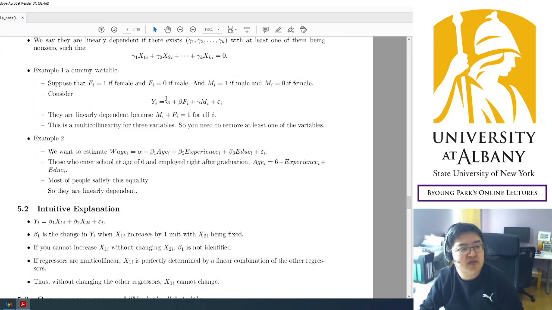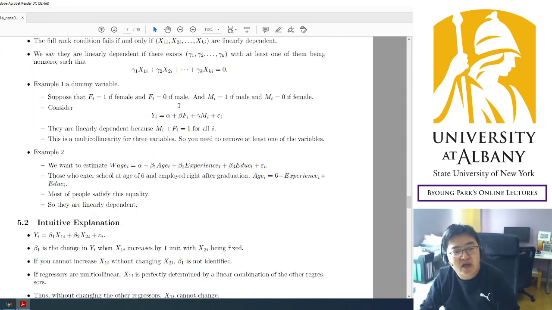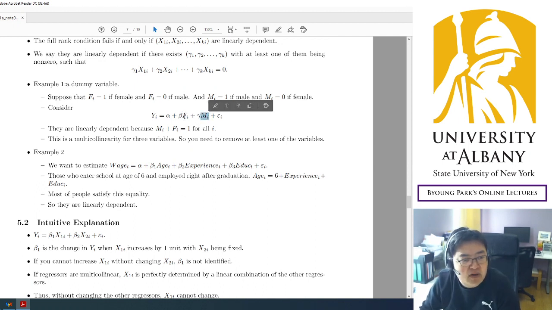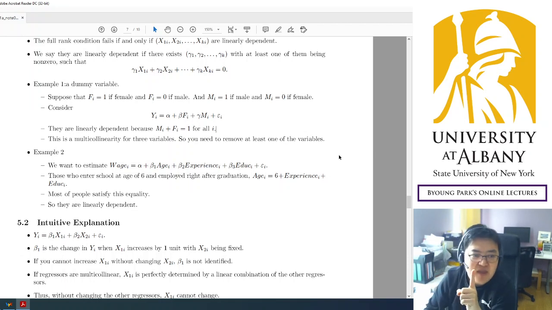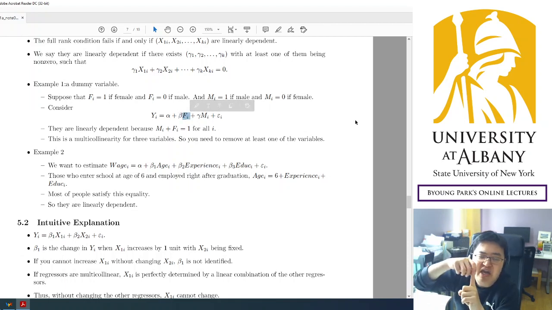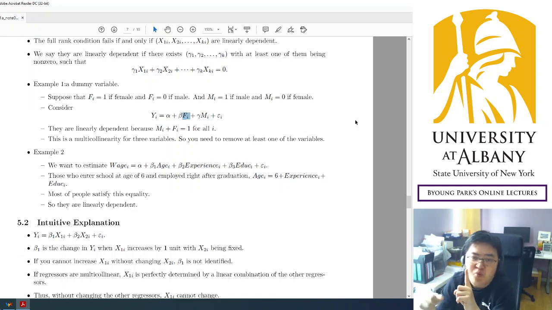So for example, back in this example, I would like to fix M but change F. That's not possible. I'd like to compare two individuals. One person is female, so that means M equals 0, F equals 1. And I would like to change F to 0 without changing M.